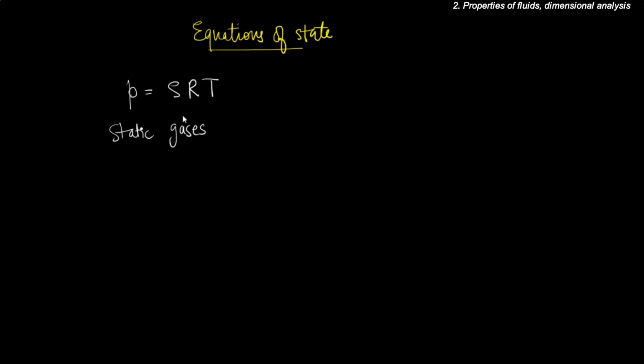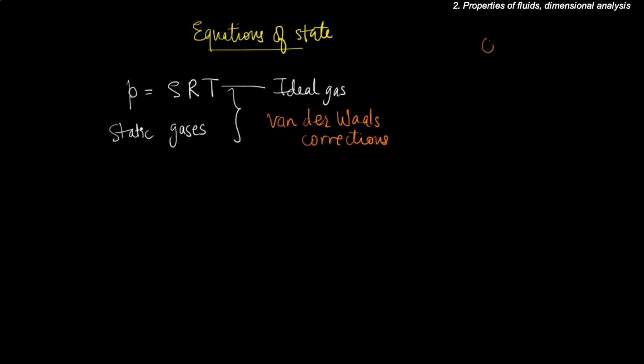Similarly, we can have corrections to the equation of state, and those are called the van der Waals corrections. It is one of many other corrections, but van der Waals corrections account for the finite amount of volume occupied by molecules and also the interaction between different molecules.